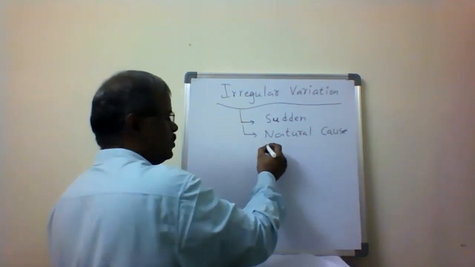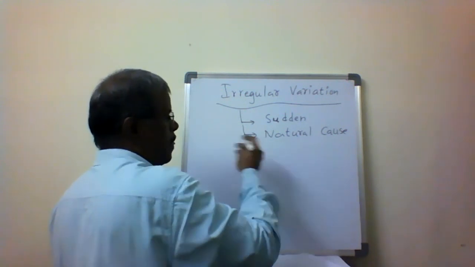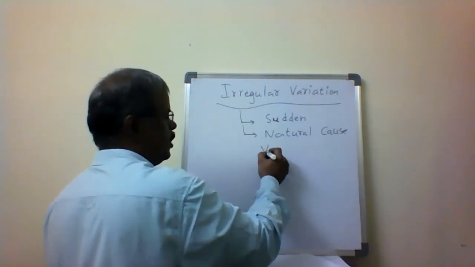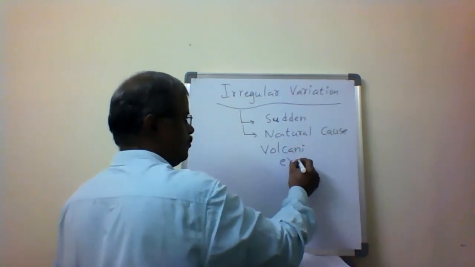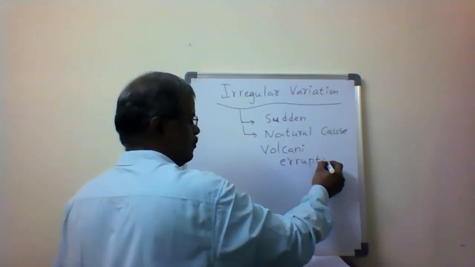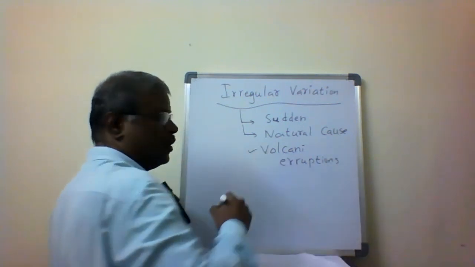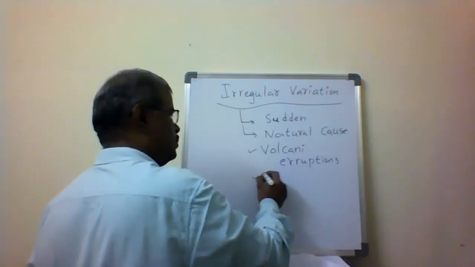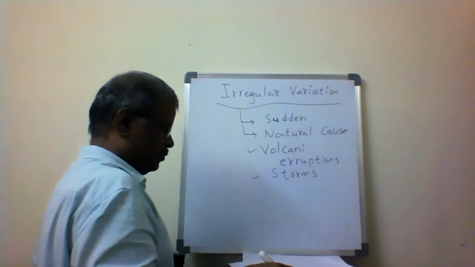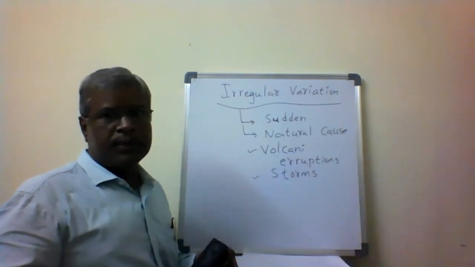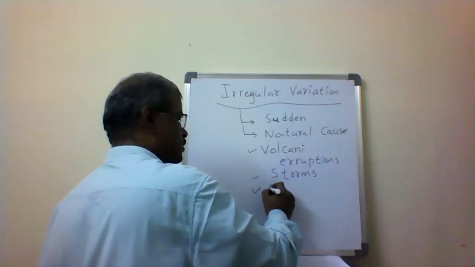What are the natural causes? Volcanic eruptions, or sometimes heavy storms, or earthquakes.